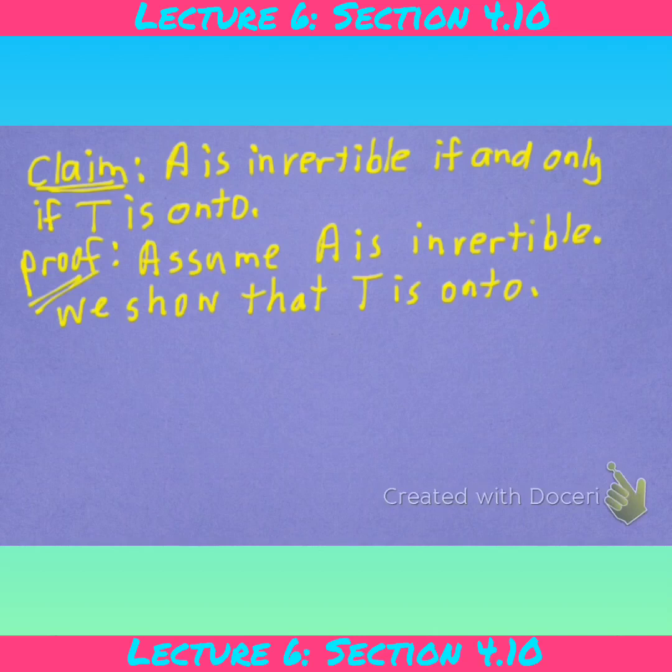You take a point in the codomain, and then you show there's a point in the domain that maps to it. So let's take a point in Rn. Okay, that's the codomain.